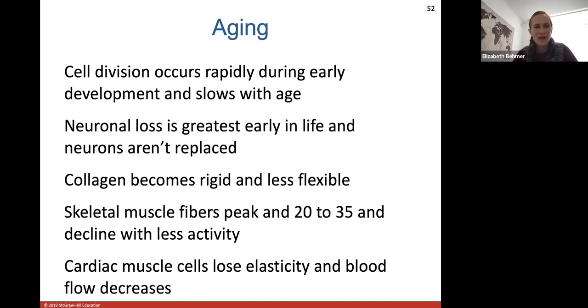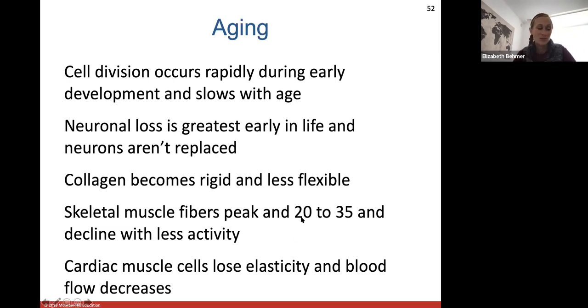So, aging. Cell division occurs rapidly during early development, and then it slows with age. Neuronal loss will be greatest early in life, and neurons aren't replaced. Collagen becomes rigid and less flexible. Skeletal muscle fibers will peak around 20 to 35 and then decline with less activity.